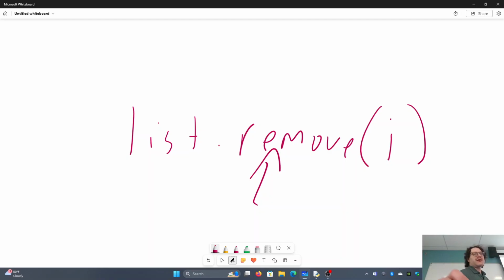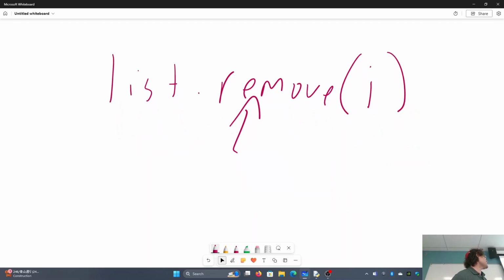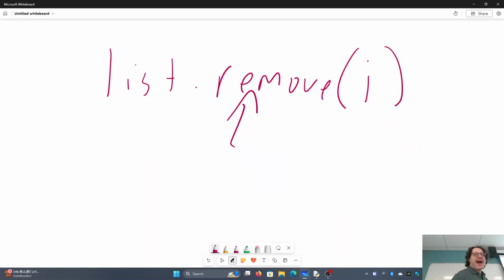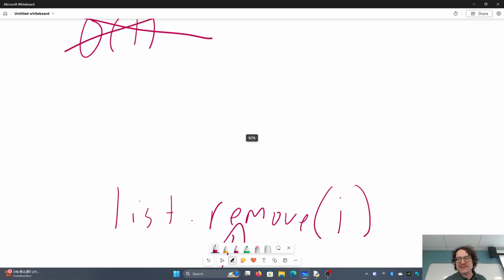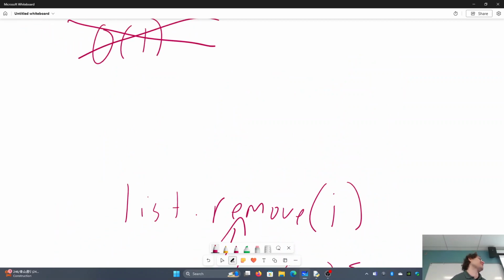So you've got to treat it, or another way, what I mean by that is that the remove operation has a for loop inside of it, right? So when you're doing your analysis, just remember that list.remove hides a for loop in a separate method. Make sense? That's just a common mistake I see, to not take that into account. And thus you say that it's much, much, much quicker than it actually is.